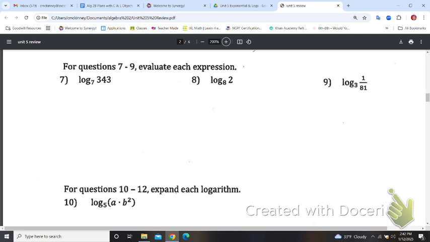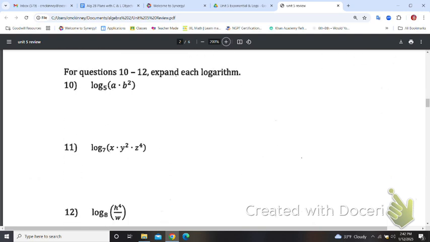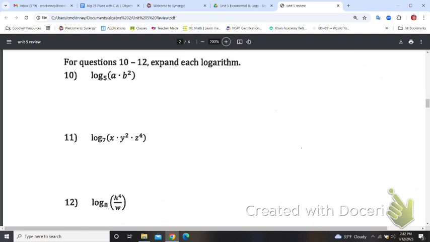And then here we are expanding. So again, reference page, expand means it's going to get bigger. So I see two variables. So I know I need my log and my base 2 times. One of those is for A, one of those is B squared.